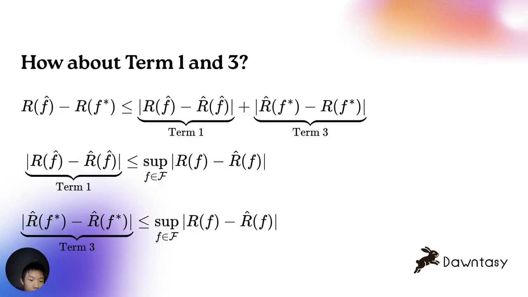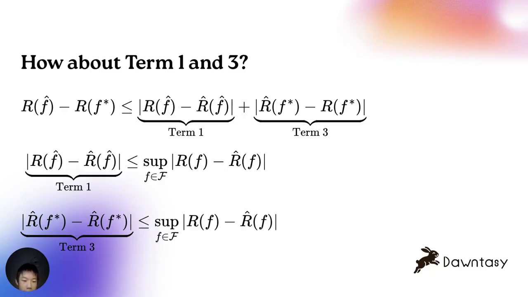So how do we bound term 1 and term 3? First, consider the generalization gap, which is the difference between the empirical risk of a model and the true risk of a model. It's how well it generalizes, or how much its skill set can translate to reality.